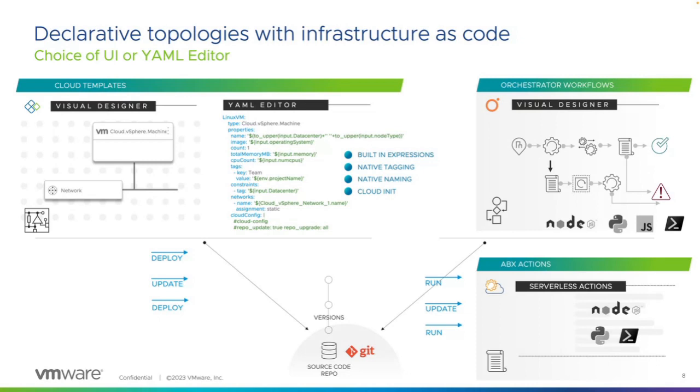And then ABX actions are built into the product under the extensibility section of Aria Automation. Essentially these are serverless actions. So for instance, if you have a script that you want to run against an AWS environment, you can have that script in the ABX UI, and then you would run that through a Lambda service, so Lambda would just run that in a serverless way for you.